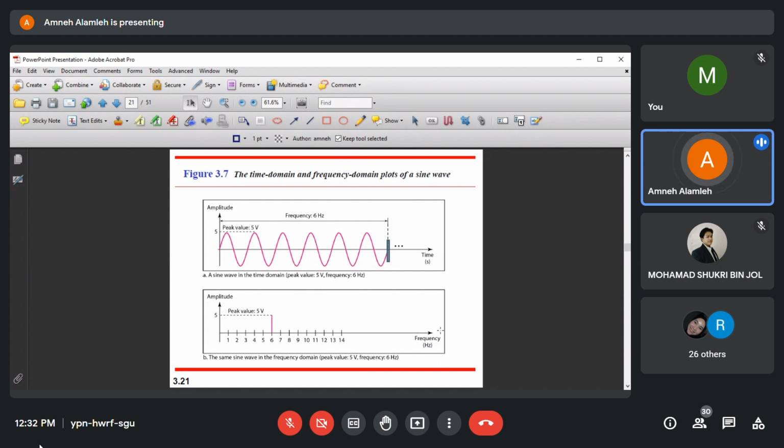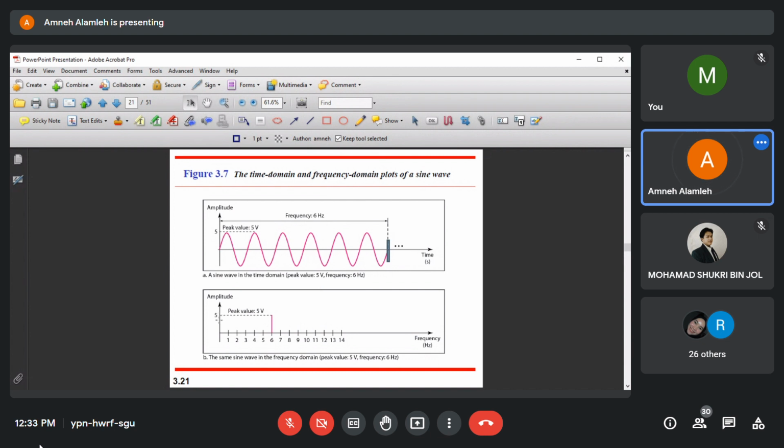In the frequency domain, the axis goes from 1 until 14. We plot the wave at 6, because the frequency up there was 6 hertz. And what is the height or the peak value? It is 5.